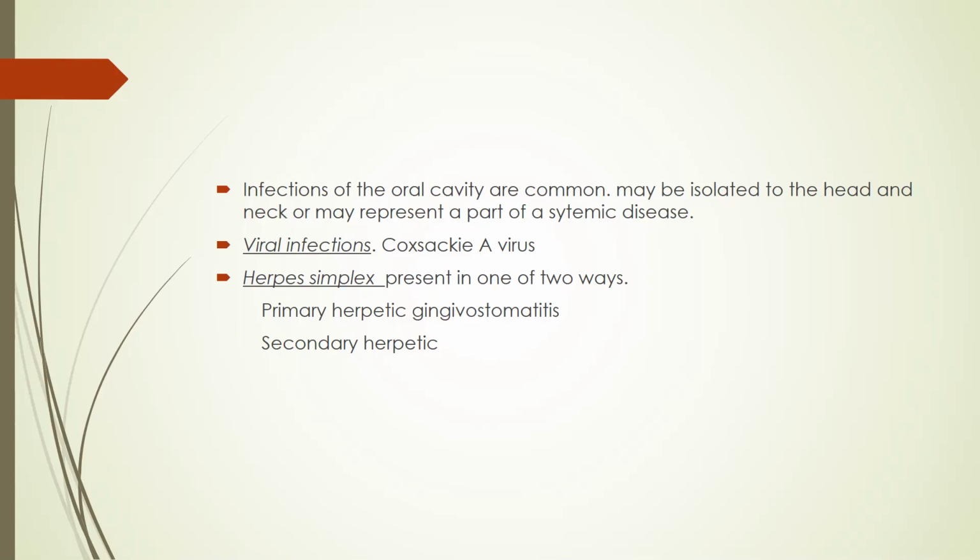So there are two types, primary and secondary. In the primary, there are painful erythematous oral vesicles that may rupture within 24 hours, leaving a large coalescent ulceration. In the secondary, the virus remains dormant in the neuronal ganglia, and when it is activated, it causes a vesicular eruption in the oral cavity. These are the two types.